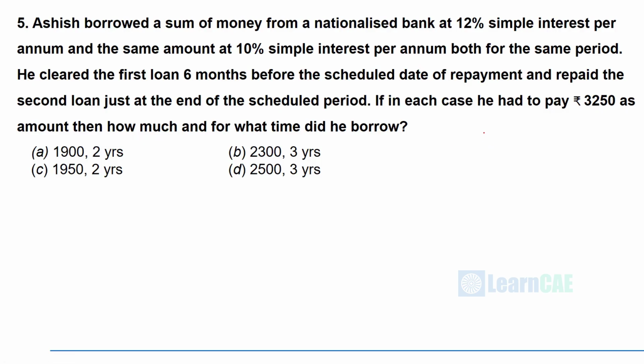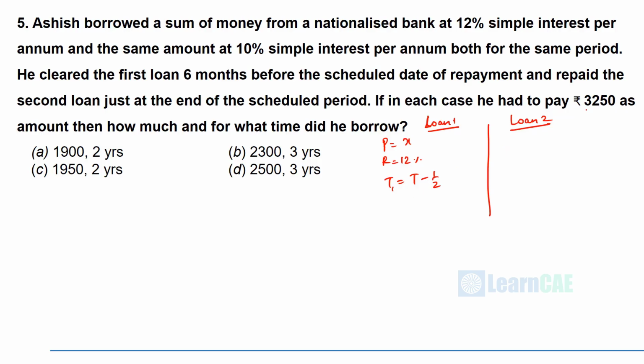Let us write the two cases. This is loan 1 and this is loan 2. In the first case, the principal is x, the rate of interest is 12%. The time period: he cleared the first loan 6 months before the scheduled date of repayment. It means the time period, let it be T1, is equal to T minus 1 by 2, as 6 months in terms of years is 1 by 2.